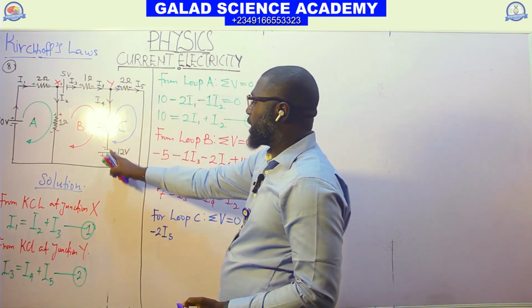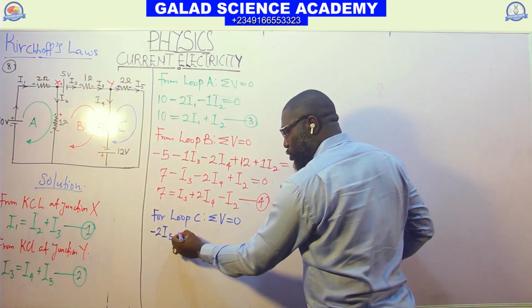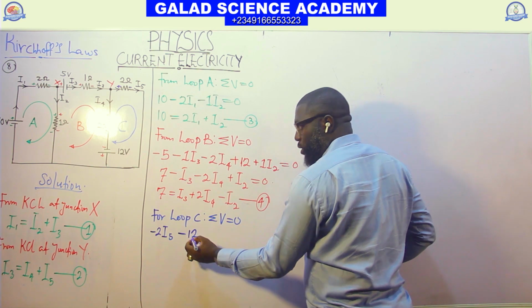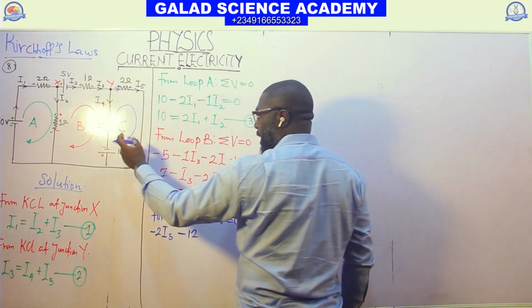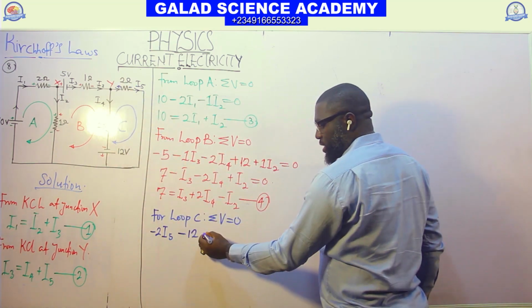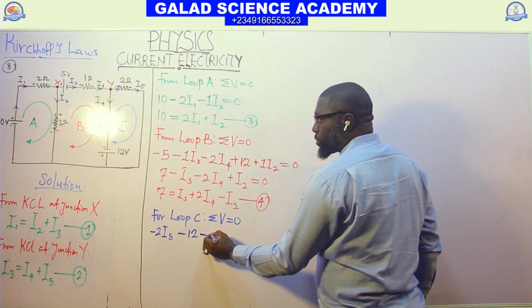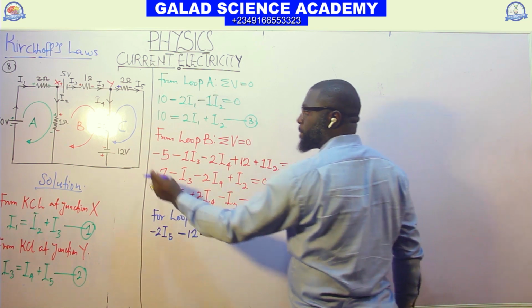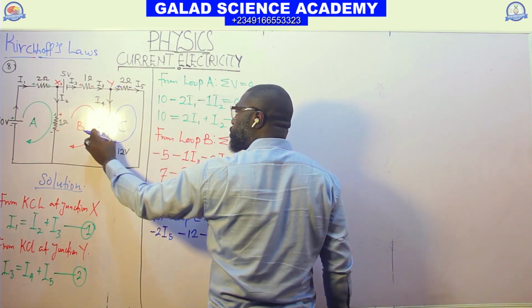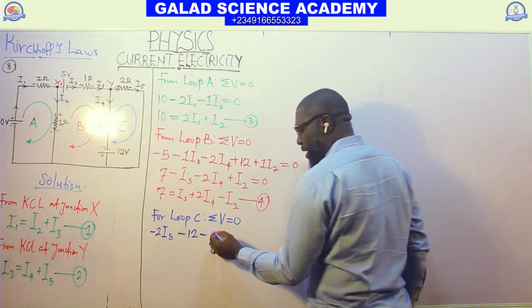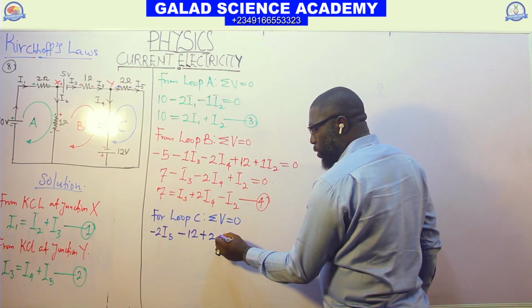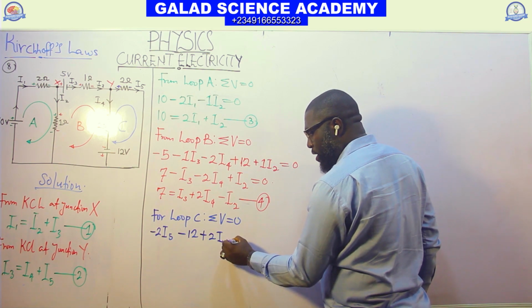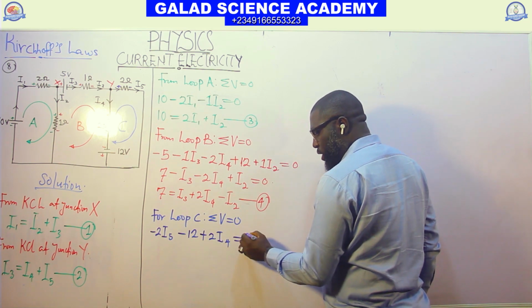So then move to this side, 2. The 12 will also be minus. It will also drop. And I write this, it's rise. It will give us 12. When it's going like this is 2I, it will be plus 2 I4 equal to 0.